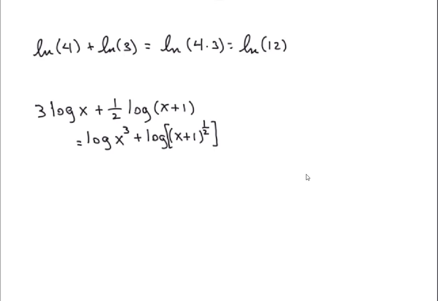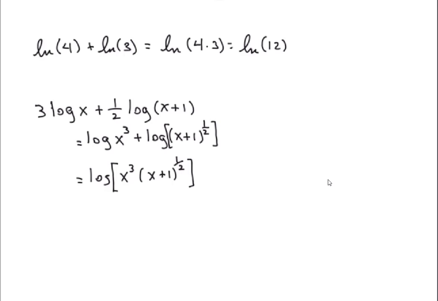But now because these two logs are added together, that means we're multiplying all of these. So this is going to be log x cubed times x plus 1 to the 1/2.